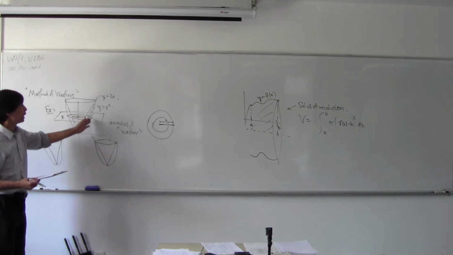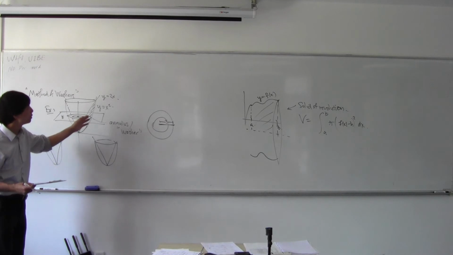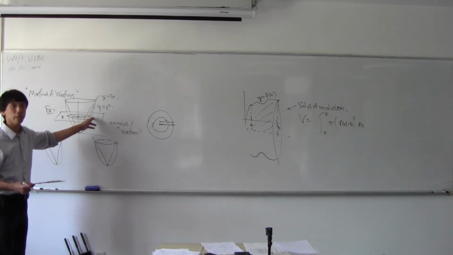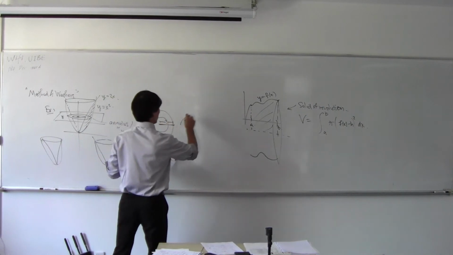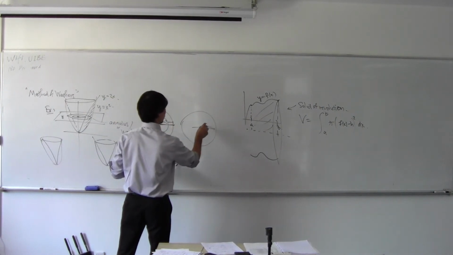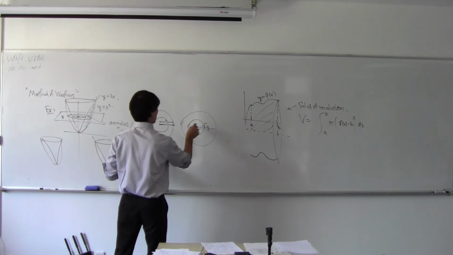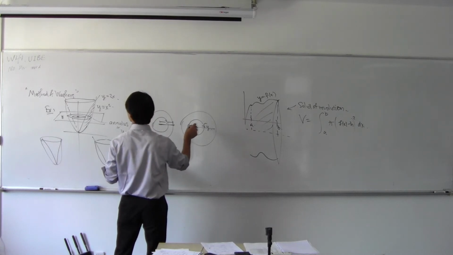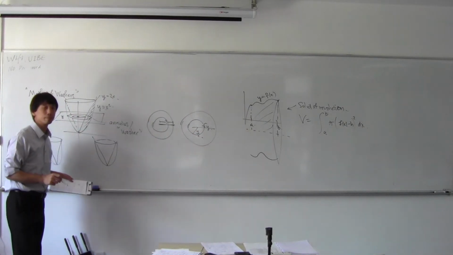Well, x is going to be what? For the outside guy, root y, yeah. So the outside guy has root y radius, right? The inside guy has what? y over root 2 radius. Okay.